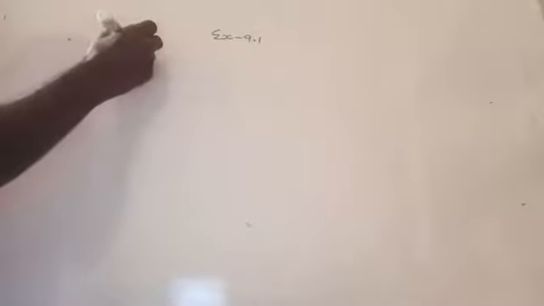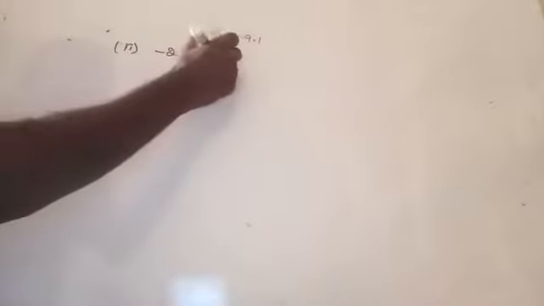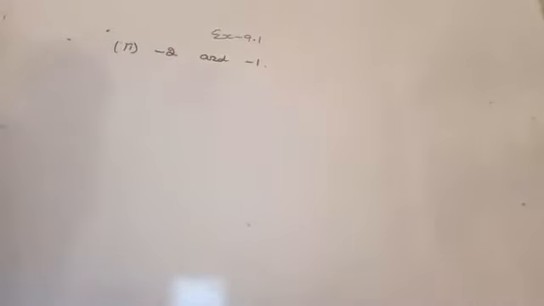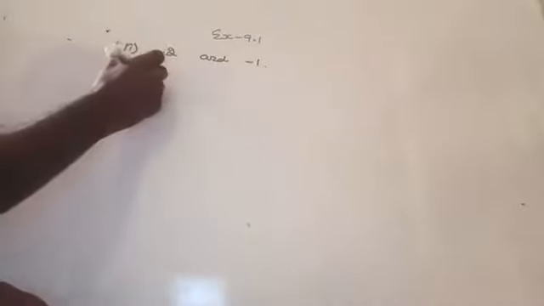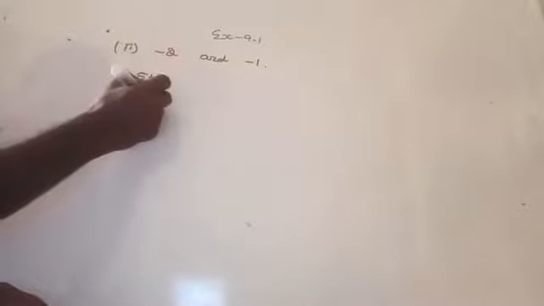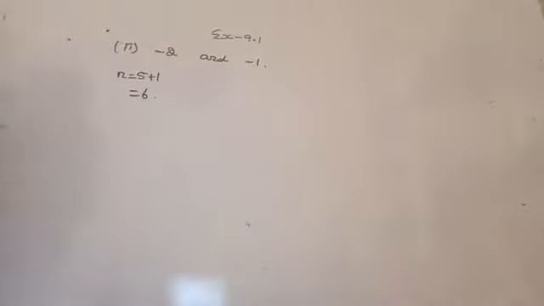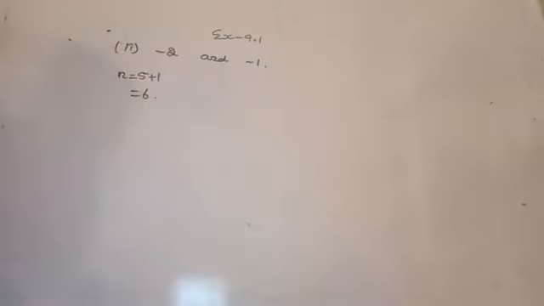Look at the second subdivision, the first question only. That means minus 2 and minus 1. How many rational numbers are we going to find? 5 rational numbers. So n equal to 5 plus 1, that is 6. So you can multiply by 6 in both numerator and denominator. Every number can be written as a fraction.